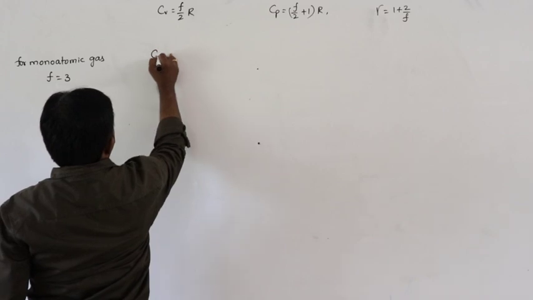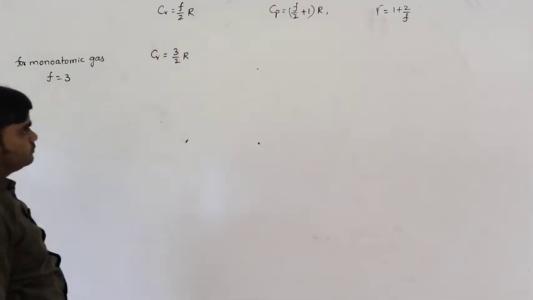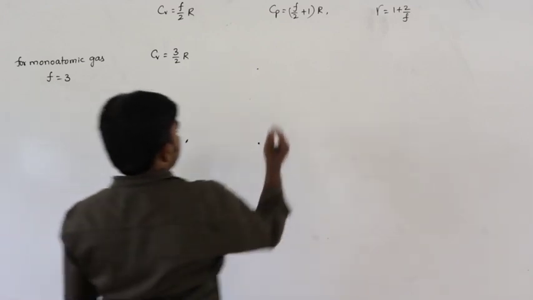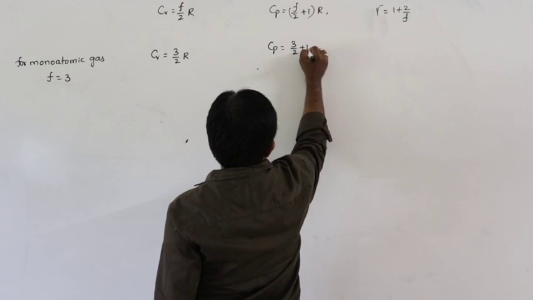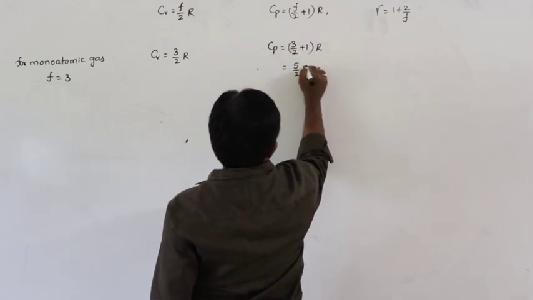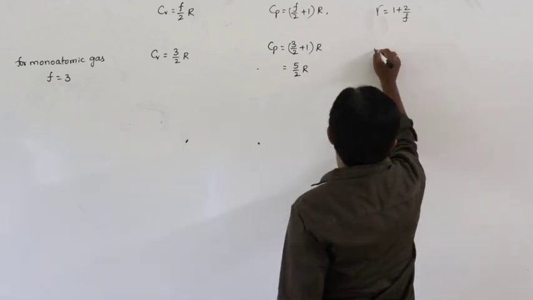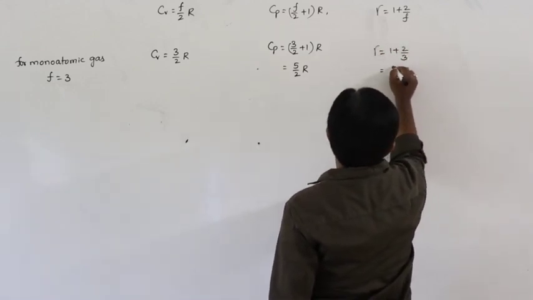Then we can write Cv is equal to 3 by 2 R, and we can write Cp is equal to (3 by 2 plus 1) into R, so that is 5 by 2 R. Then gamma is equal to 1 plus 2 by 3, so that is equal to 5 by 3.